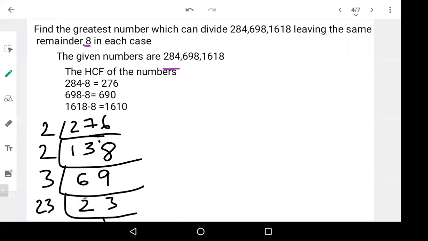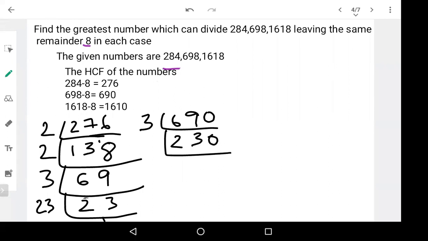Next, 690. I think we can start with 3 also. 3 twos are 6, 3 threes are 9 and 0. And then where do we go? If you take 3, we will not get the answer.